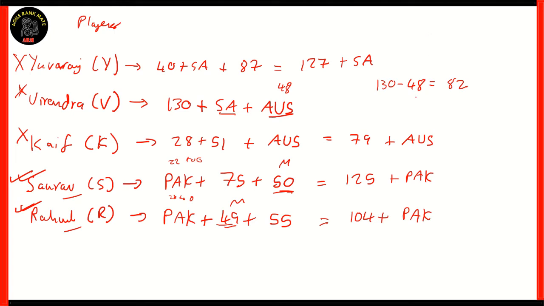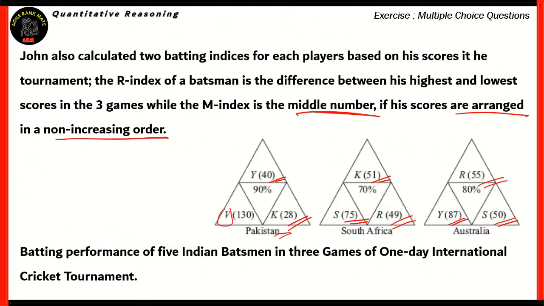Now let's look at another person on the list, Saurav. So we have Pakistan, 75 and 50. The lowest score would be a maximum of 22. The reason being that there's a low score in the match against Pakistan, and the lowest score among the 3 top scorers is by Kaif, which is 28, and the runs scored by the rest of the team is 22.